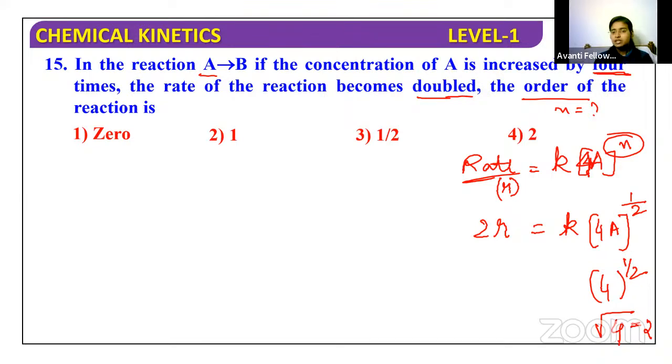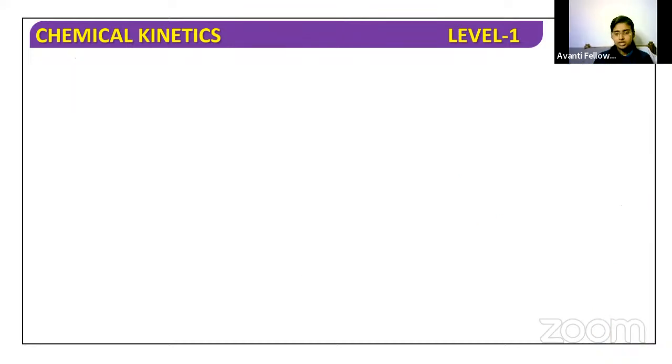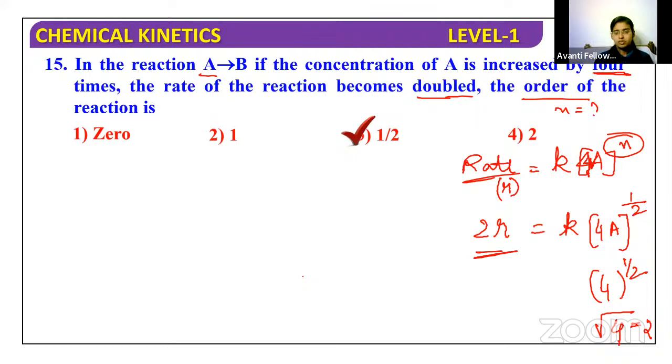So the rate is getting doubled. If I substitute n is equal to 1 by 2, the rate is getting doubled. So option 3 is the correct answer. Can you all understand how to solve this? Okay. Very good, students.